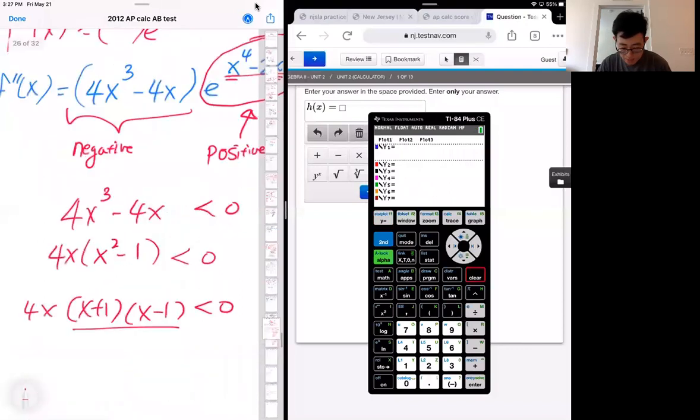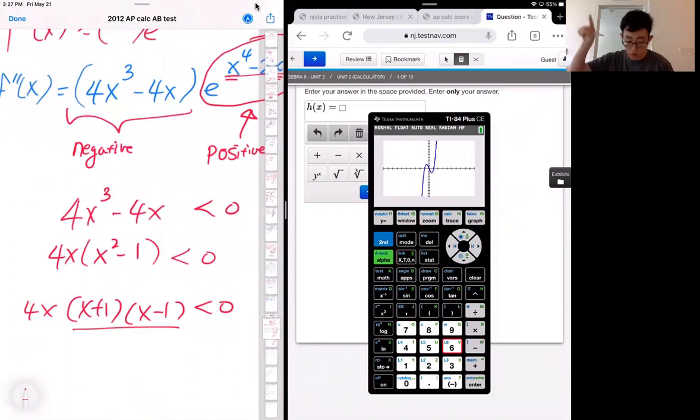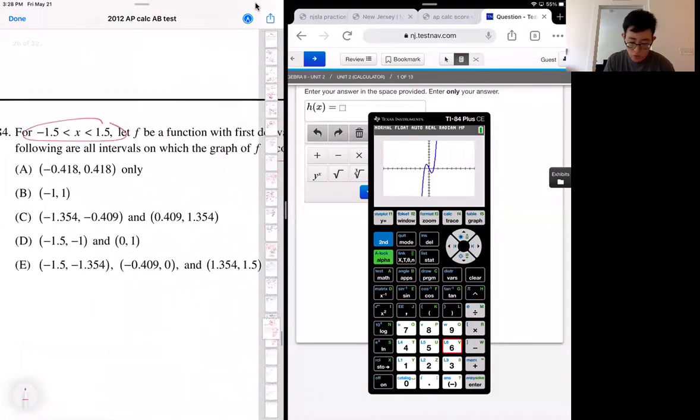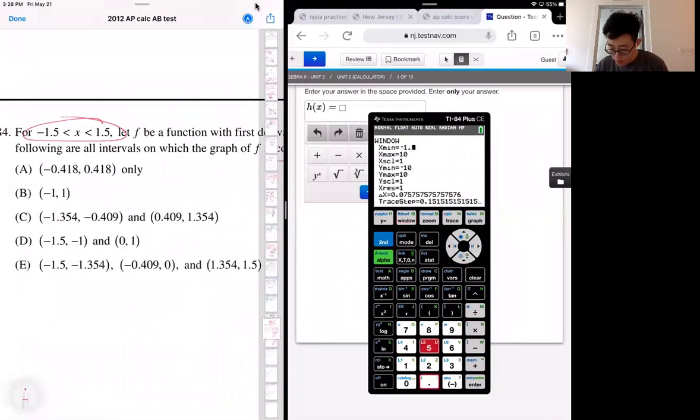So I'm just going to type this up, 4x³ minus 4x, and let me zoom standard, and then there you go. You get a little curve like that. But again, they give me a boundary, right? x is between 1.5 and -1.5. So we get a really nice curve between -1.5 and +1.5.